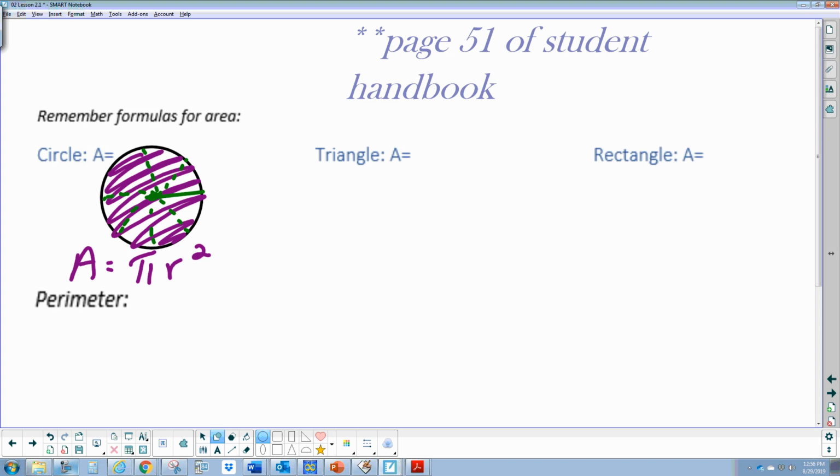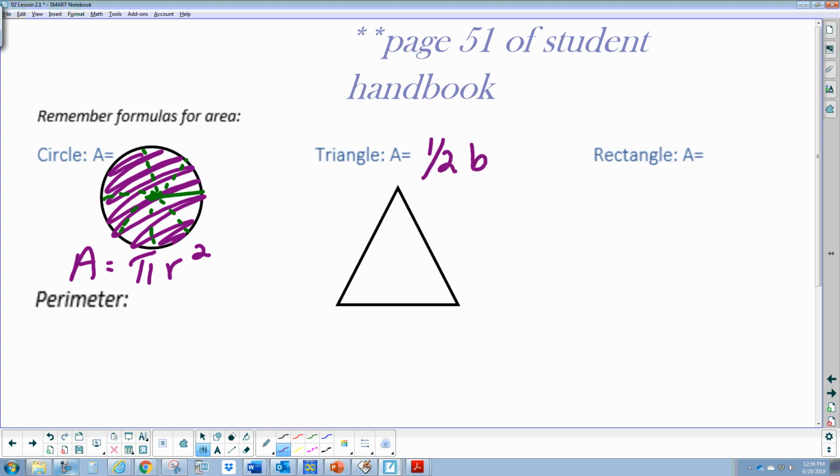In a triangle, the formula for area is 1/2 base times height. Here's the base of our triangle, and the height is the distance that's perpendicular from the base to the top. So that's our height.